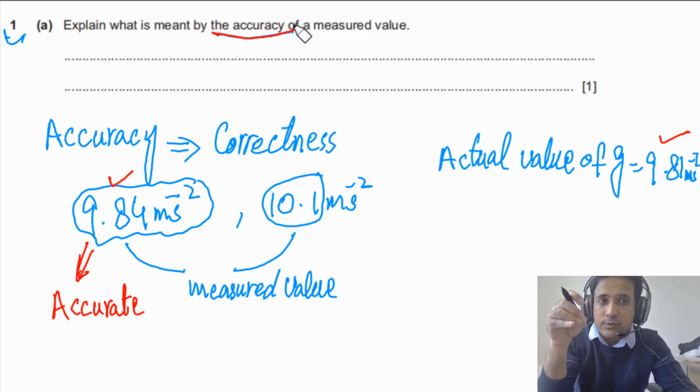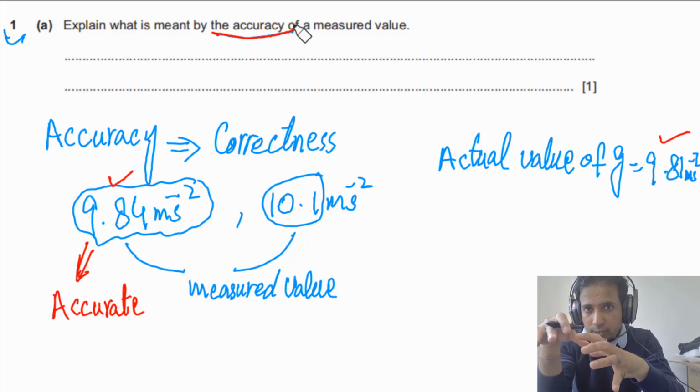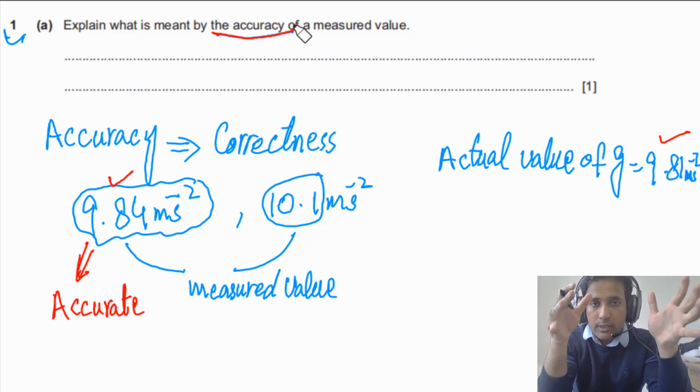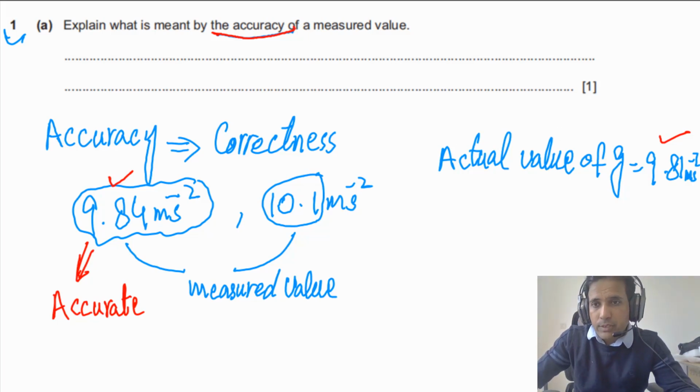The question asks us to explain what is meant by accuracy, so we can say it's a measure of how close the measured value is to the actual value, or actual quantity. This is how we need to define it. I hope this makes sense to you.